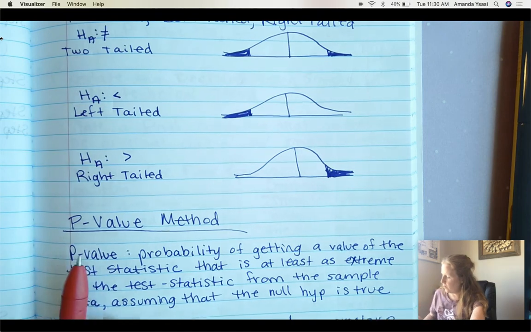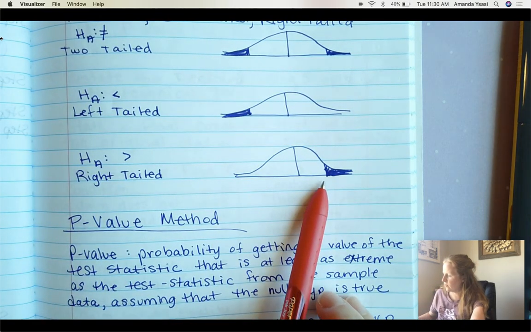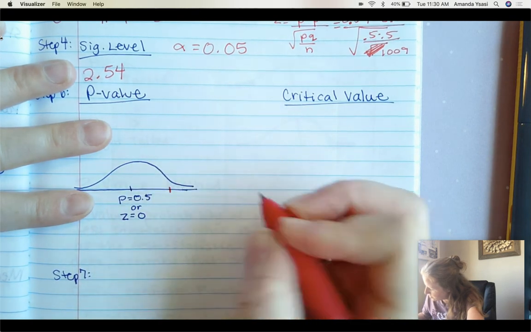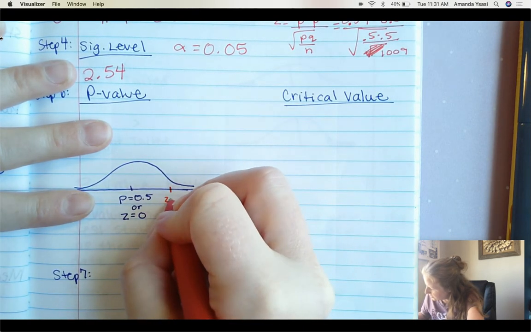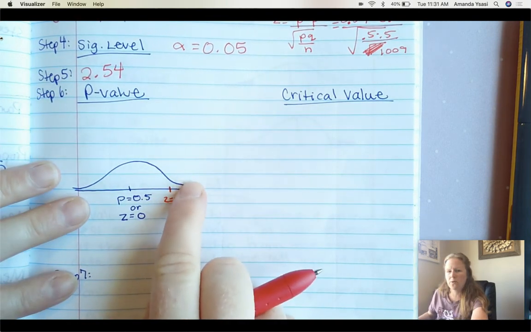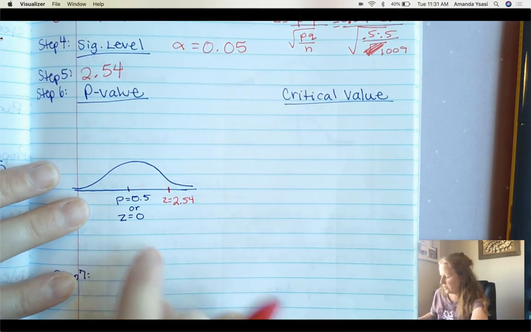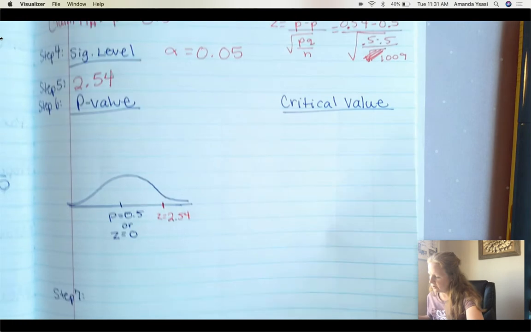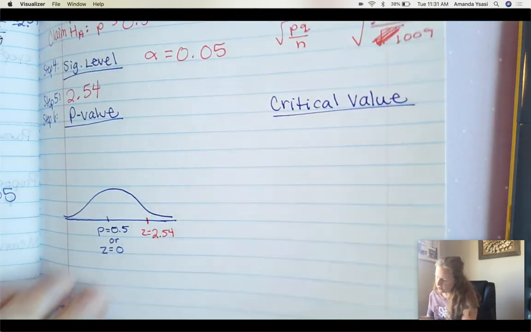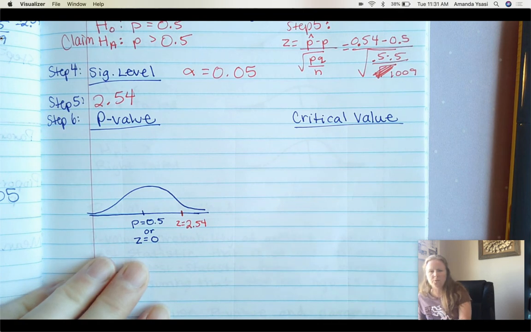Okay, so we need to find that critical value. Whenever we do this, this will be at z equals 2.54. So we need to know what that critical value is for this. Let's see. So then we know that our significance is 0.05.